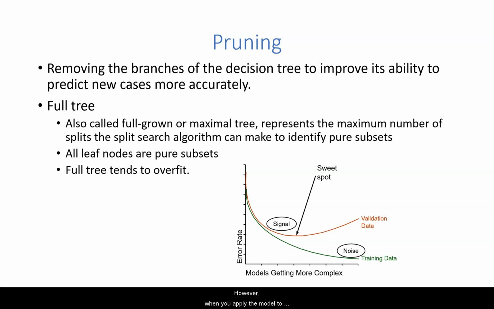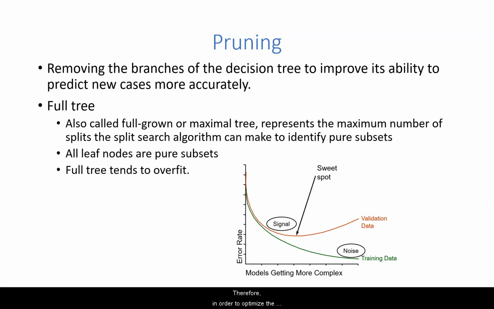However, when you apply the model to an unseen dataset, for example, the validation dataset, the error rate would initially decrease, but then after a certain point, the error rate would start to increase. For a full tree, this is especially true for the nodes and the branches close to the bottom of the tree, as these splits are based on a very small number of cases, therefore tend to fit the noise rather than the underlying patterns of the data.